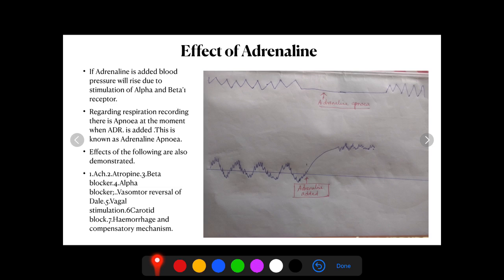Now, if we use a non-selective beta blocker like propranolol, both beta 1 and beta 2 will be blocked, and there will be unopposed action of alpha. So, after a non-selective beta blocker, if we administer adrenaline, due to the unopposed action of alpha, there will be a tremendous rise of the blood pressure.